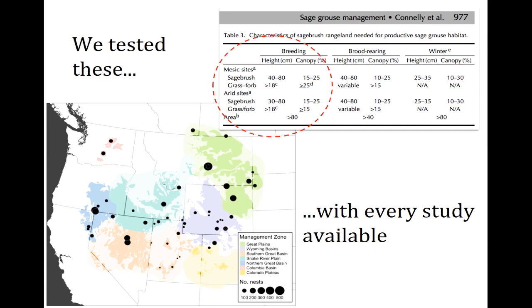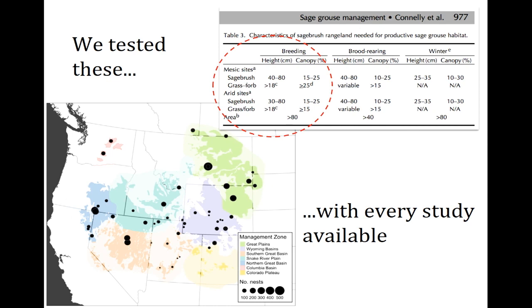So what we did is we conducted a meta-analysis on every available study we could find that reported at least one of these vegetation metrics at nest sites and random sites. We also pulled out information on means and standard errors of those variables, and estimates of nest success from all those studies.